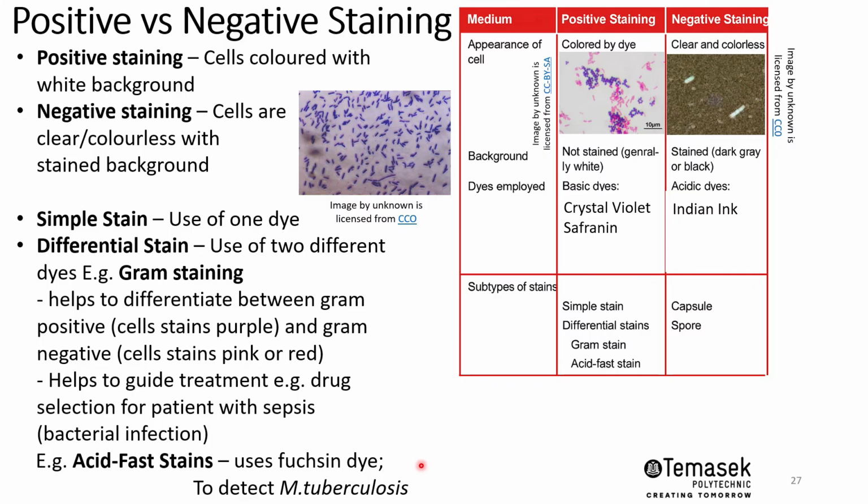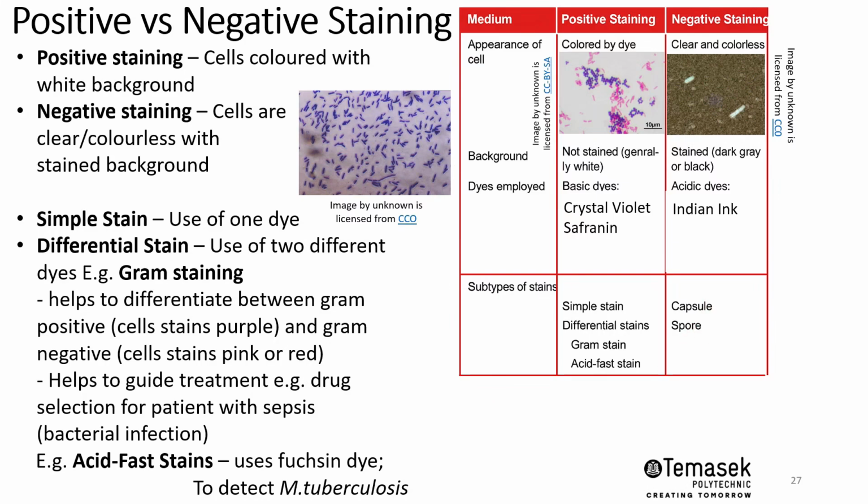So acid-fast stains have one component, the fuchsin dye. We talked about the simple stain using only one dye, and differential stains such as your gram stain and acid-fast stains. These are important and they use the theory of positive staining. For negative staining, you only need to know Indian ink as one of the acidic dyes, and these are typically useful to stain for the bacterial capsule or the spores.